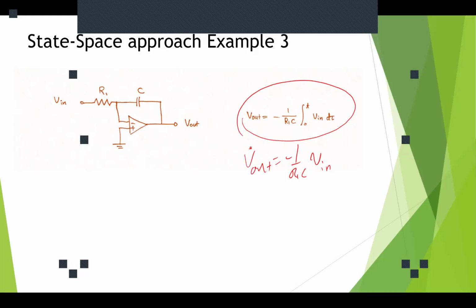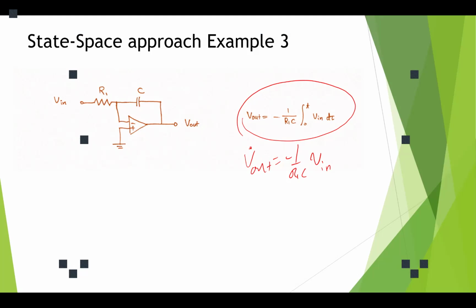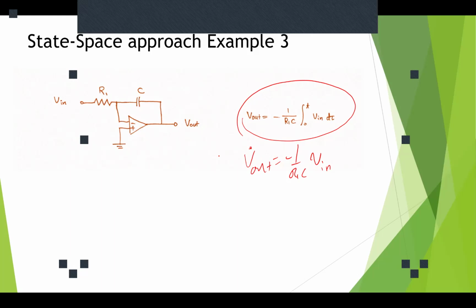Now, how many state variables should we have? One. This is very simple. You know what I'm saying? So you don't always need multiple state variables. You have a first order differential equation, so your state variable is only one.